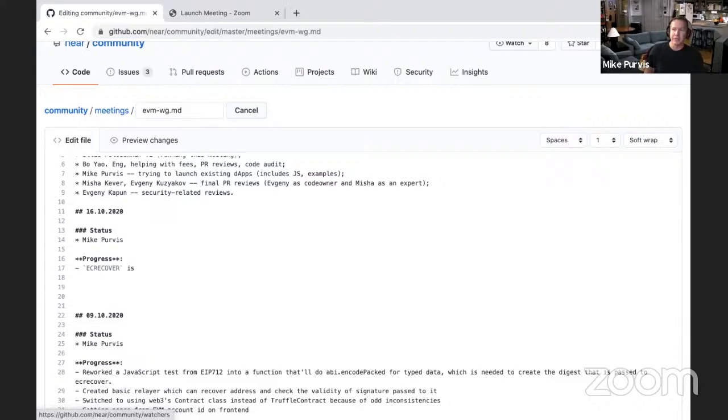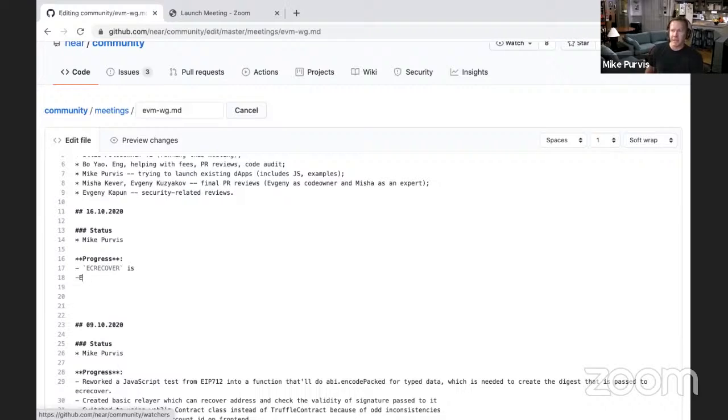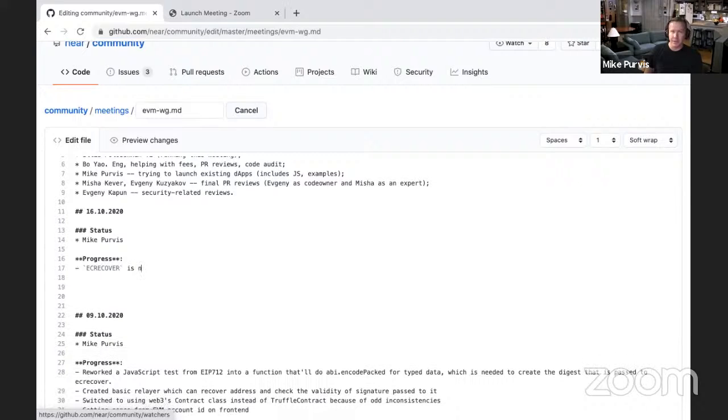But I think the implementation was correct in the sense that they were returning the same one. I discovered that there's a MetaMask library called ETH SIG util that will successfully recover that address once the message is nested. That took a little bit of trial and error. Third time was the charm on that. So I figured that out.